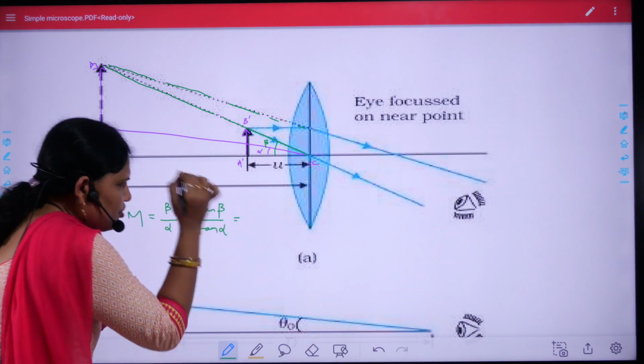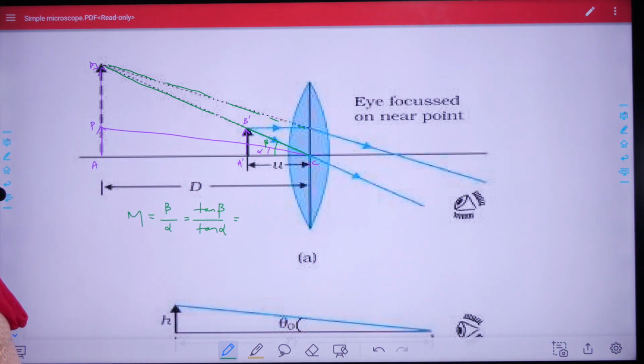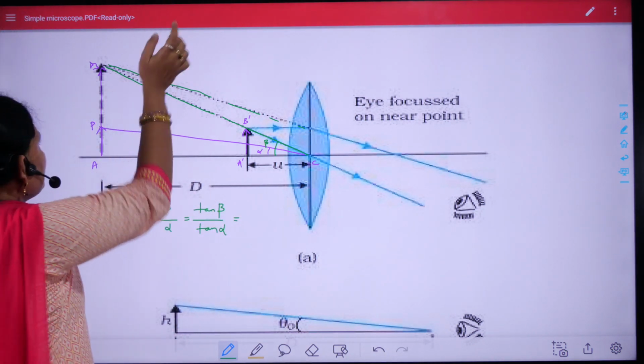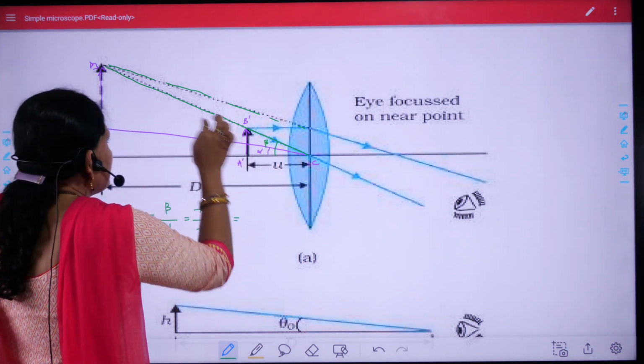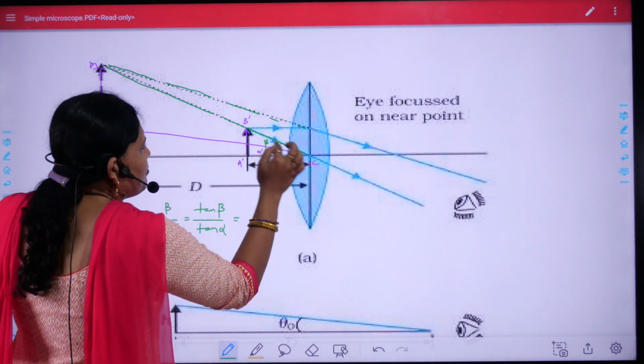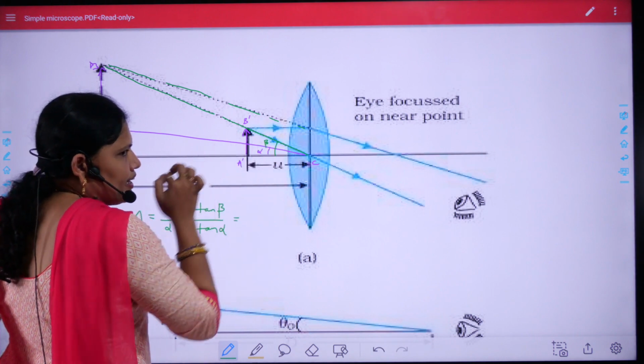Now let us find out the value of tan beta and tan alpha. See in the triangle, either you can take this triangle for tan beta or this triangle for tan alpha. In both cases the angle is beta.